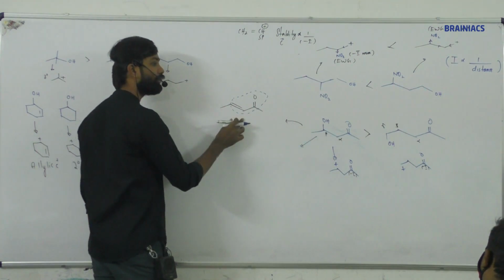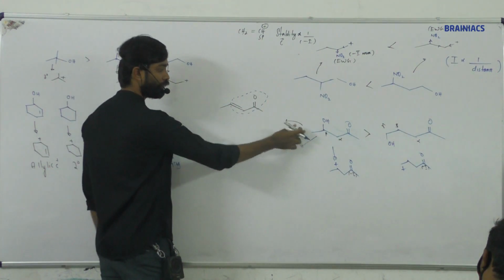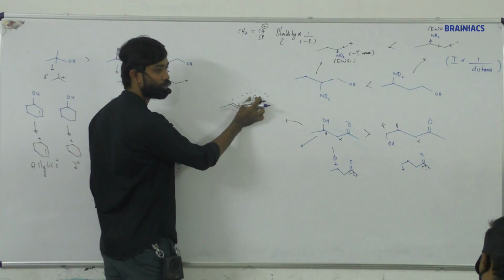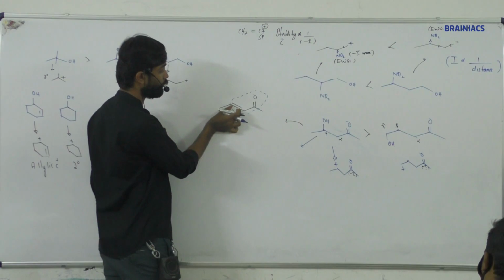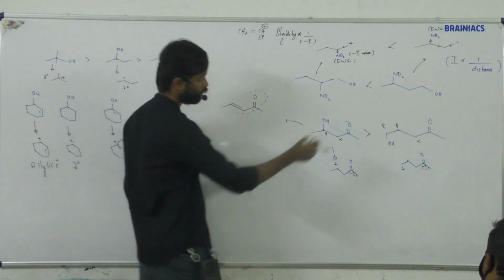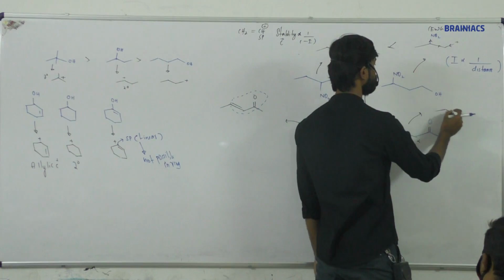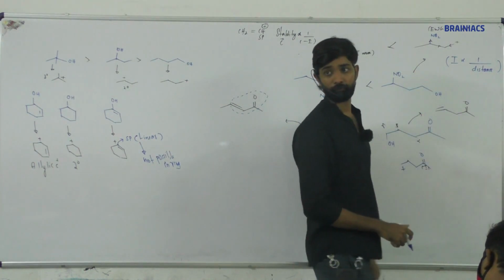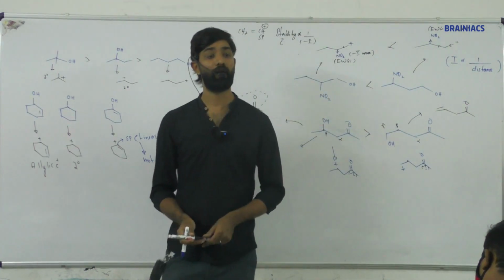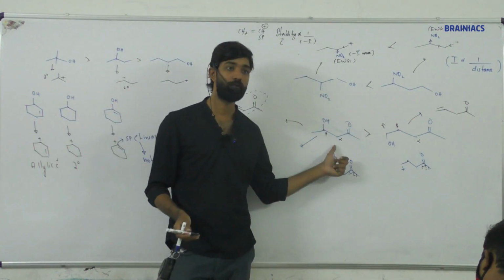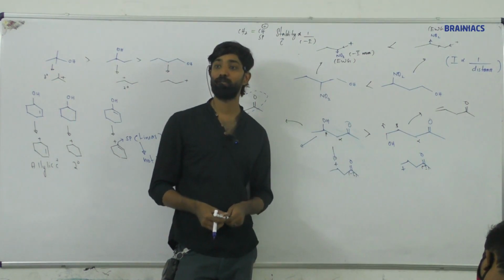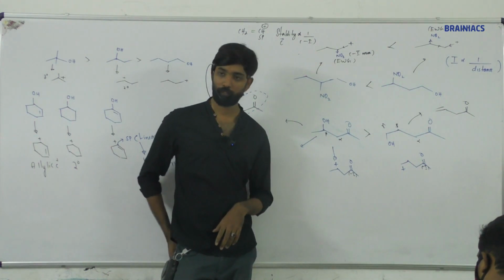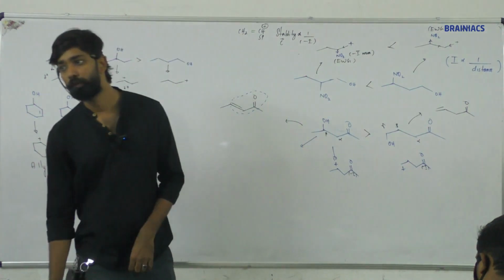What about the formed alkene in this molecule? This one is in conjugation: this C=C double bond is in conjugation with this one. Why? Double bond, single bond, double bond. This other one is non-conjugated. So the higher heat of dehydration will be in this molecule, which depends on the stability of the formed alkene. Either it depends on the stability of the carbocation or on the stability of the formed alkene.